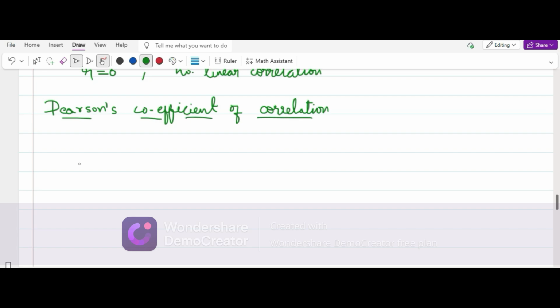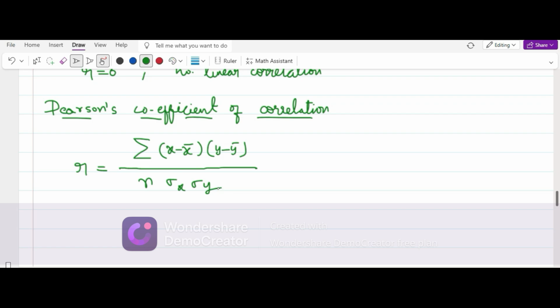The formula for the coefficient of correlation is given by r, which is equal to the summation of x minus x bar into y minus y bar, where x and y are the two variables here, divided by n into sigma x into sigma y.